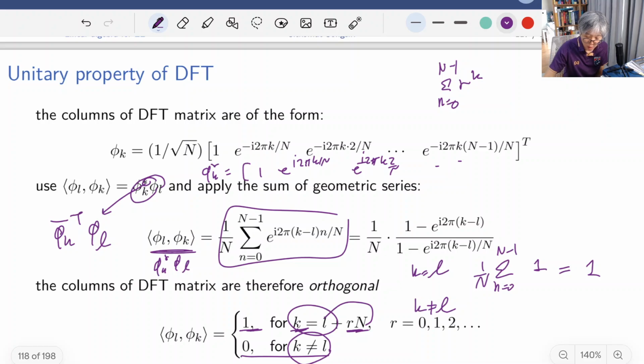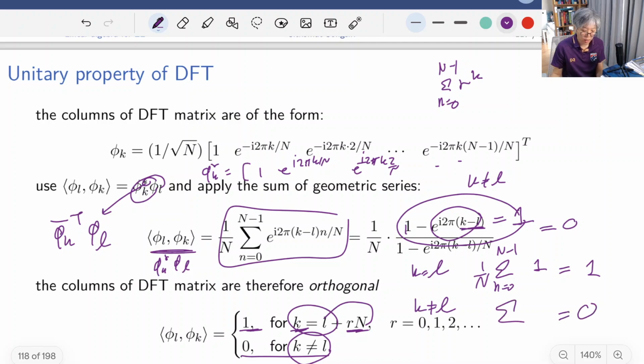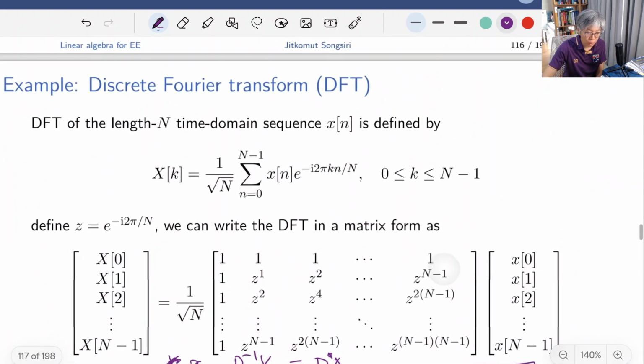You can see that when k is not equal to L, that term is going to be e to the i 2 pi times a positive integer, so that term gives you 1, and 1 minus 1 is 0. So that summation is 0 when k is not equal to L. This shows that the DFT matrix is unitary.